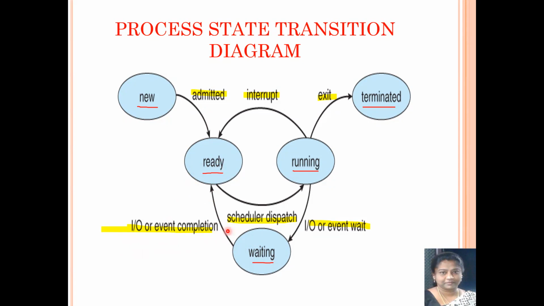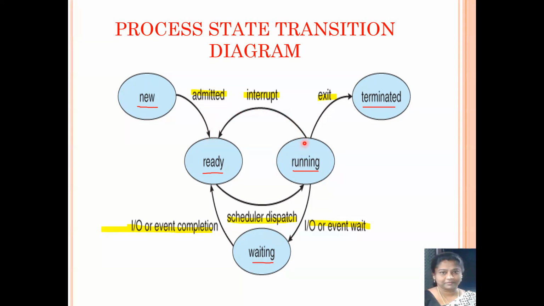Now, when a process is in the running state, if an interrupt occurs, say for example a timer expires, the time on the CPU for that process is over, and the process can no longer continue on the CPU. An interrupt will be generated indicating the timer is off, and the interrupt transition will cause the process to move from running to ready.